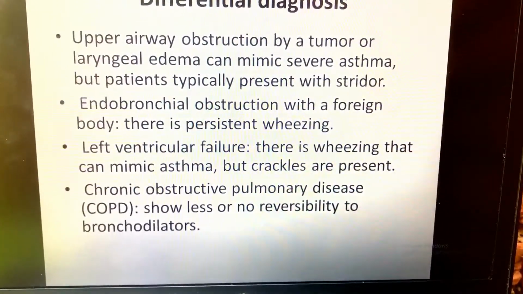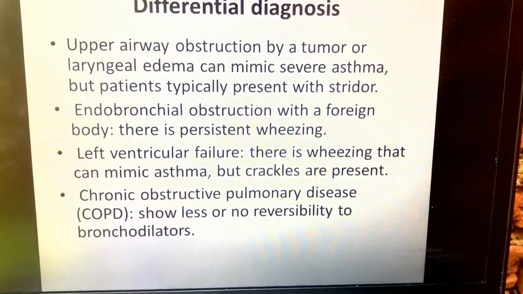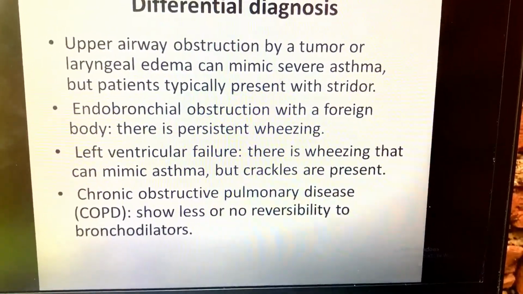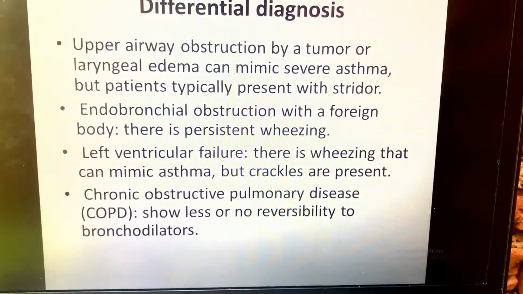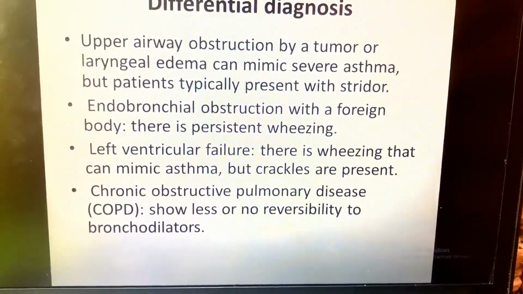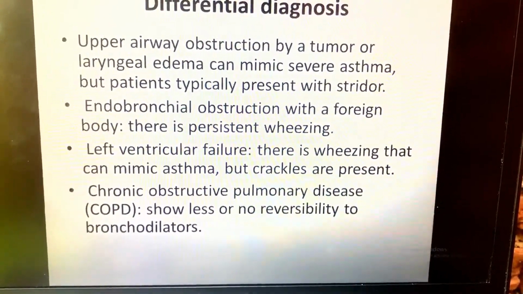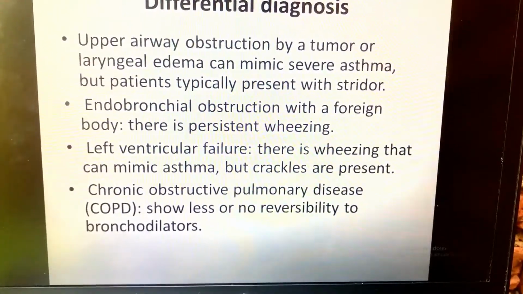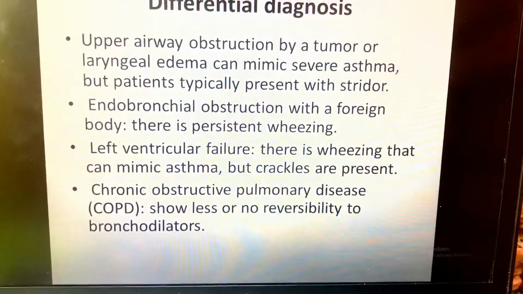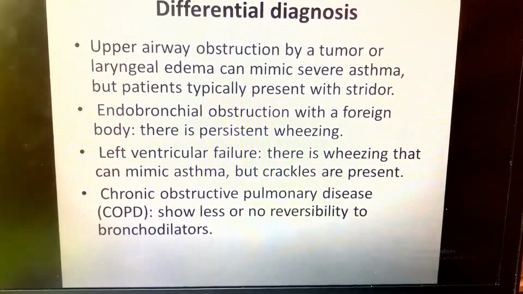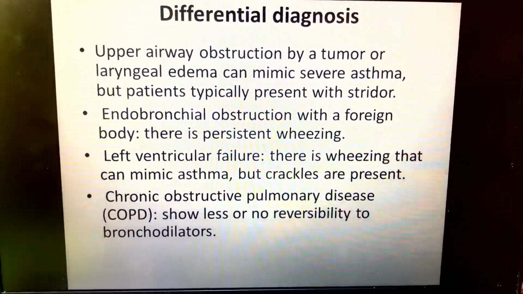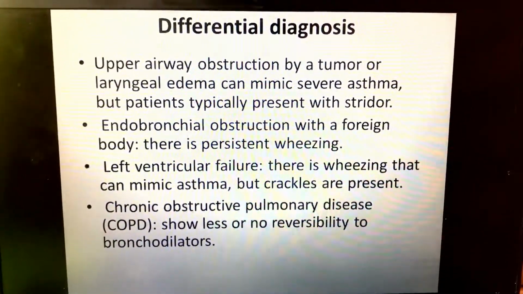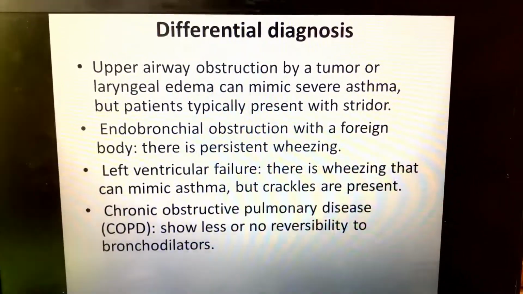Left ventricular failure can also mimic the symptoms of asthma. There is a wheezing that can mimic asthma, but a clear cause is present. We will see this pathology in heart failure. When we have failure of the left ventricle, the blood will return back to the lungs, and that will create dyspnea.